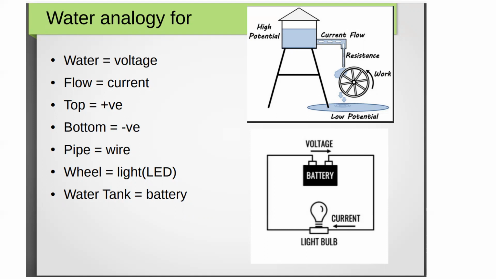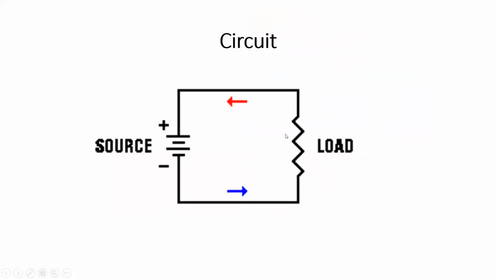The pipeline in the water analogy is like the connecting wire that we use in the circuit. The wheel that is rotating in this image is the LED that we are using here, and the entire water tank constitutes the battery for your system. Superb. So now let's move to the activity.